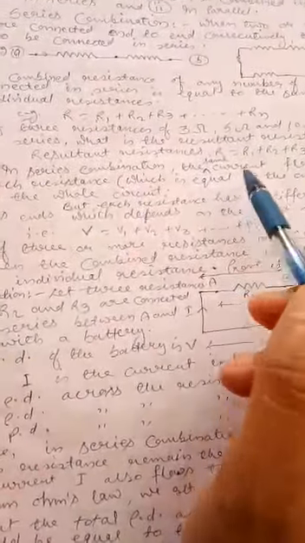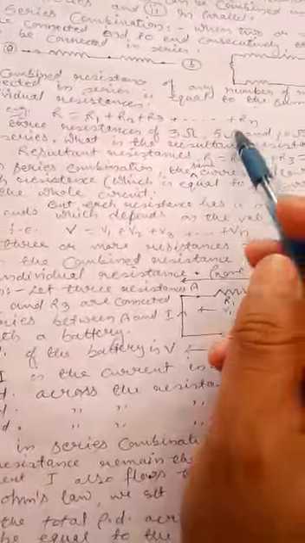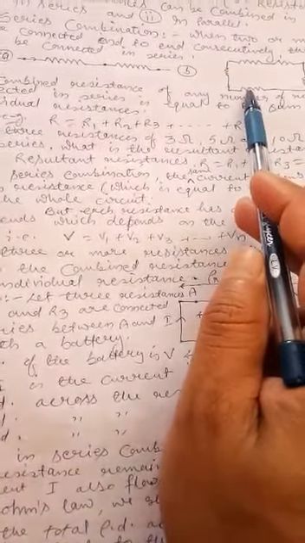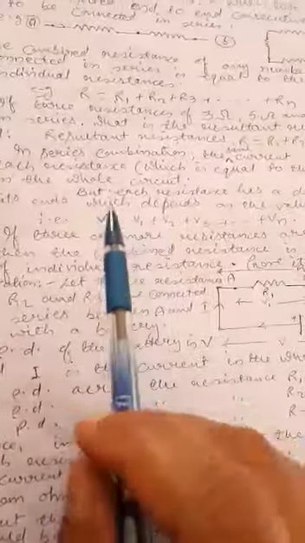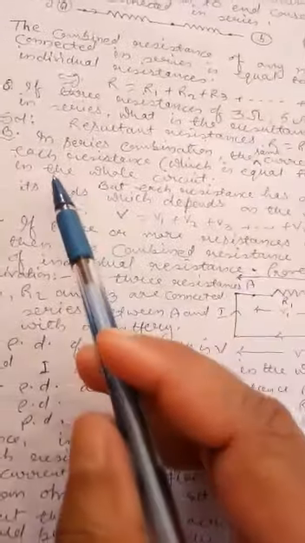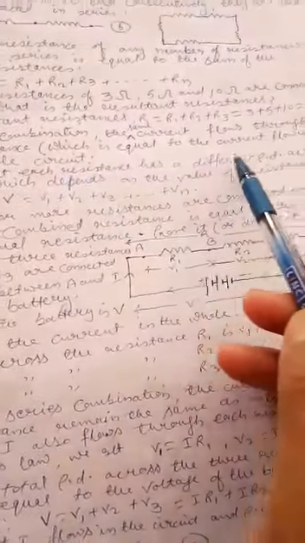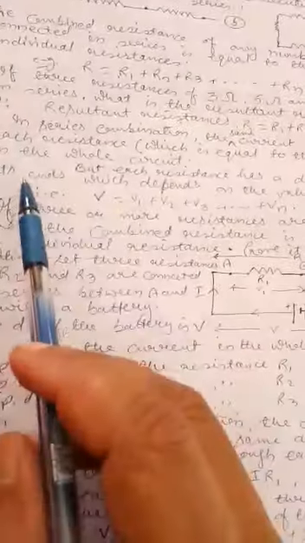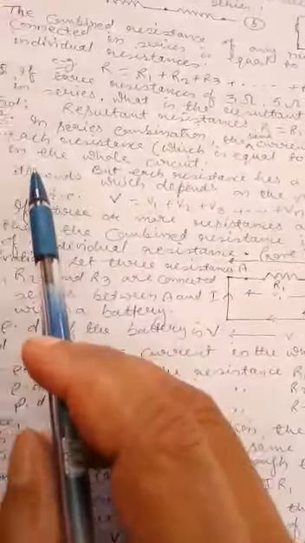That is, if 5 ampere of current flows in the circuit, then 5 ampere of current will flow through each resistance.